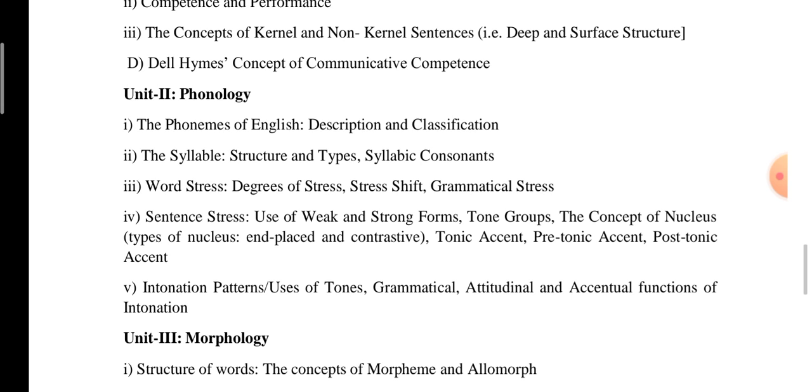Then intonation patterns, uses of tones, and grammatical, attitudinal and accentual functions of intonation.